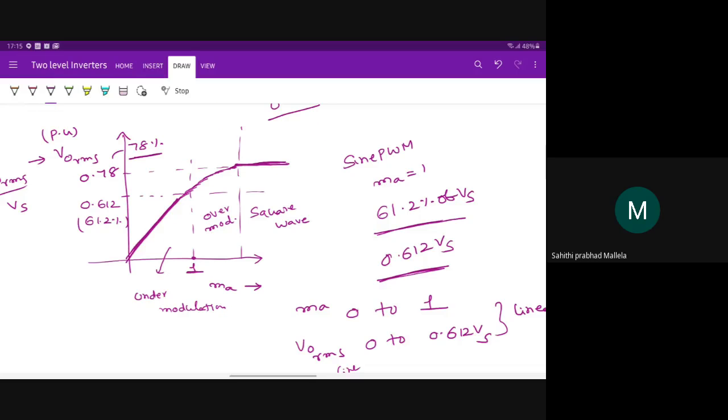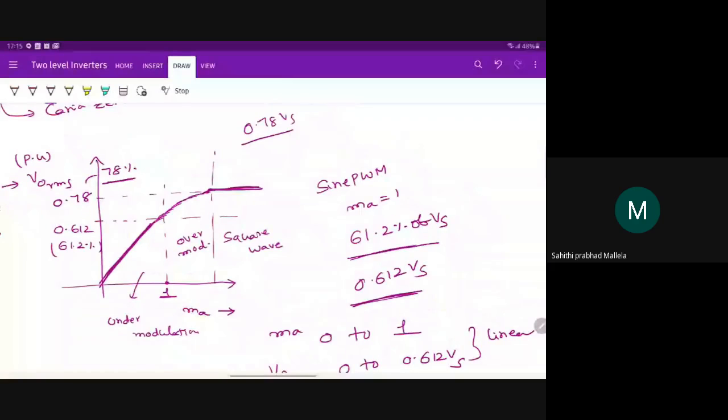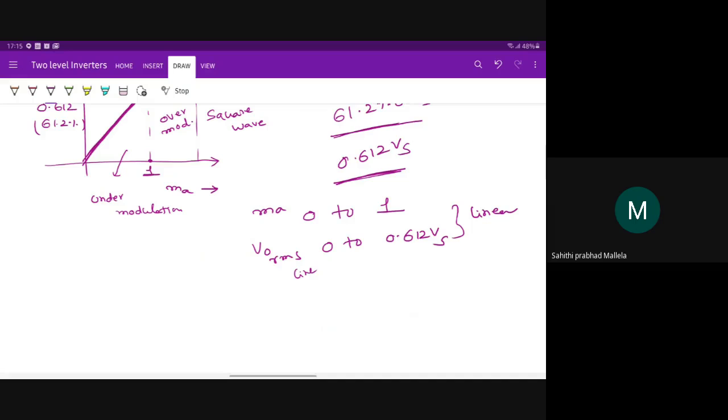Once it crosses 1, obviously the intersecting points will change, so the inverter will go to the nonlinear region. So that means when MA increases beyond 1, it will go to the nonlinear region, right?